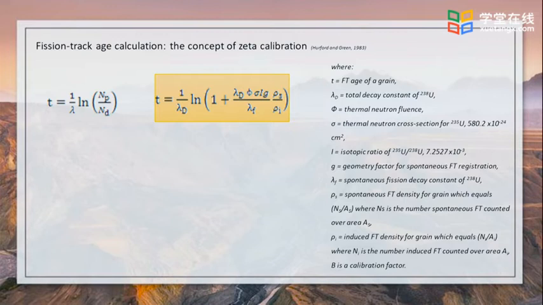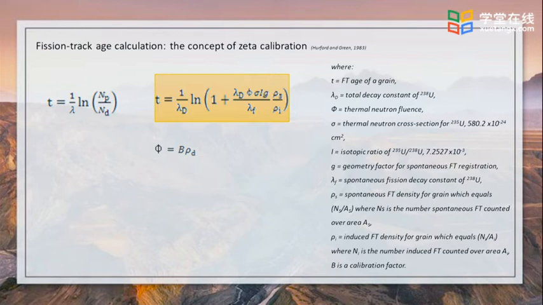Thermal neutron fluence has a positive correlation with the FT density induced by the neutron irradiation for a standard glass dosimeter, and this correlation is expressed here, where the constant B is the calibration factor, and its value is determined by an assumed value of the spontaneous fission decay constant of uranium-238.